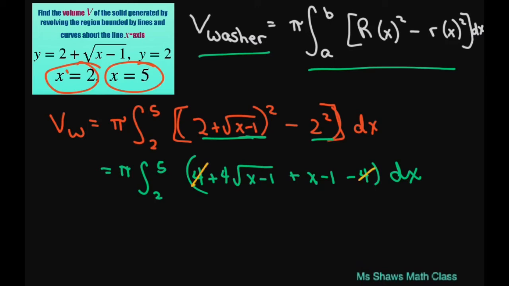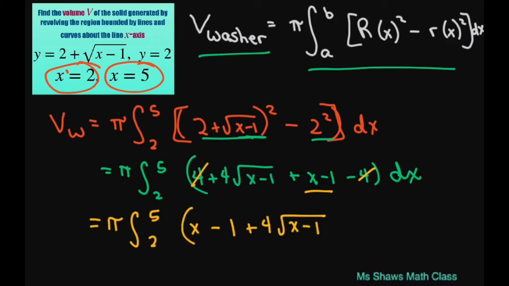So basically we're going to have pi times the integral from 2 to 5 of x minus 1 plus 4 times the square root of x minus 1, dx.